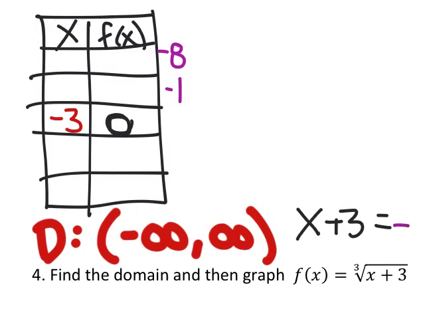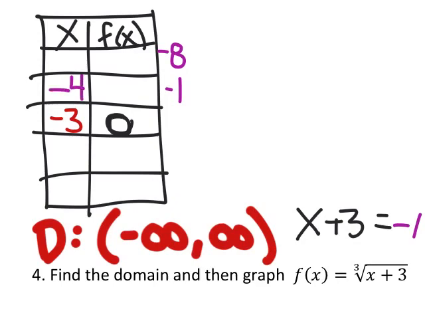So if I wanted x plus 3 to be -1, which is good, then I would subtract 3 from both sides, and I would find that I would need the x to be -4.